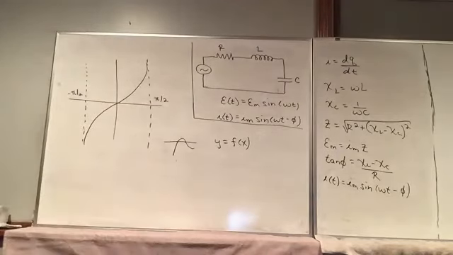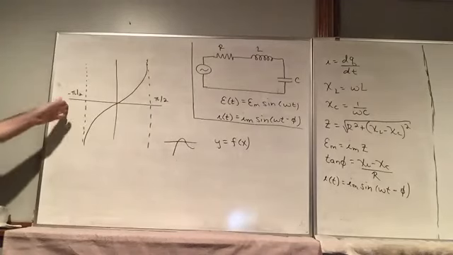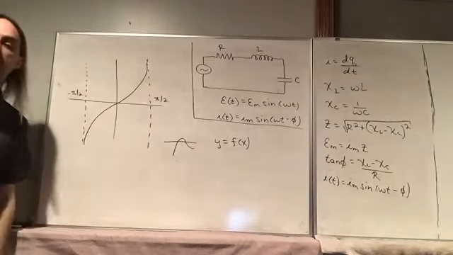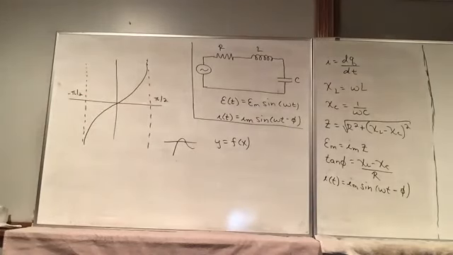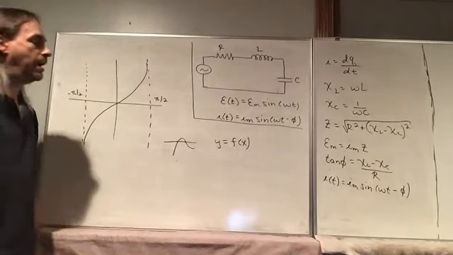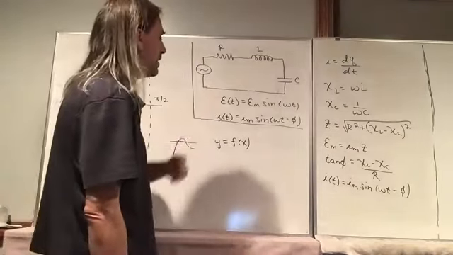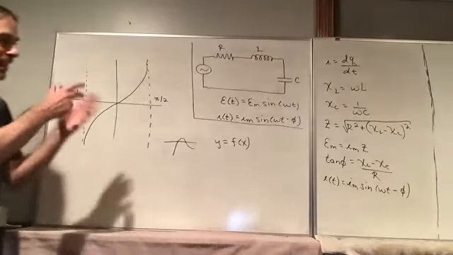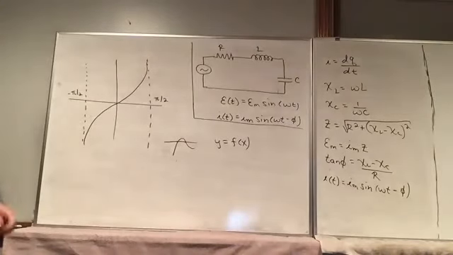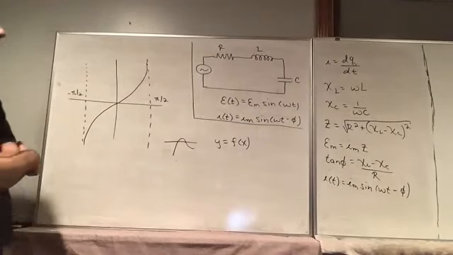And so when we take the inverse tangent, we'll get an answer in this range from minus pi over 2 to pi over 2. So this constant could be negative or positive. It depends on the details of the circuit, but generally the current and the power supply voltage are not going to be in phase with each other.